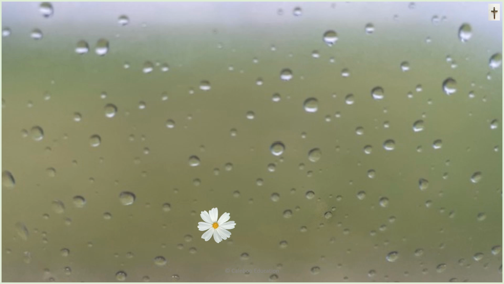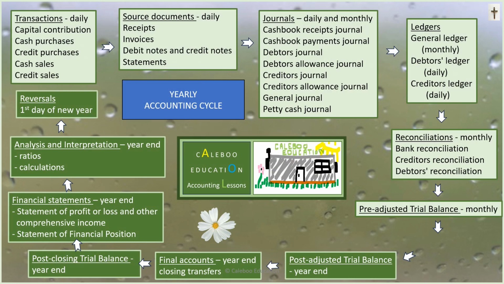And it has started to rain, and to summarize what we've just done, we've looked at the Cashbook payments. We looked at all the transactions with regard to cash purchases. We looked at the documents that recorded the cash purchases, for example, a check and a check counterfoil. We looked at the supporting documentation.